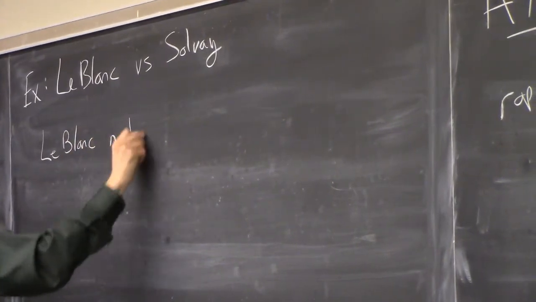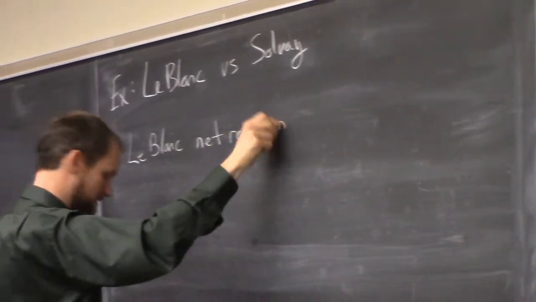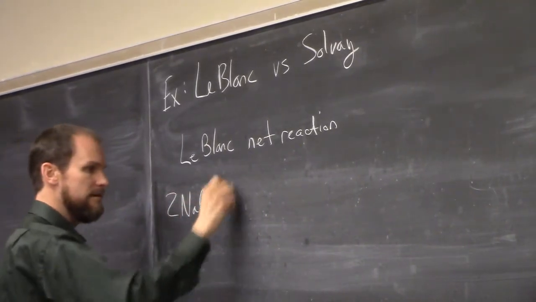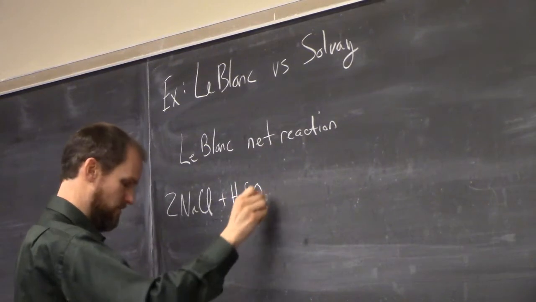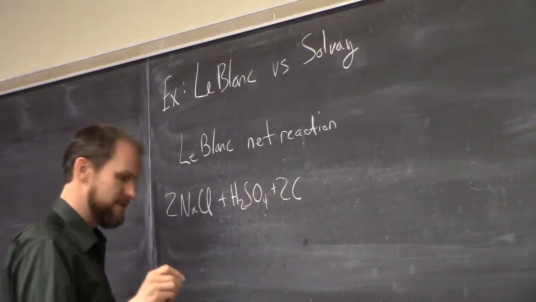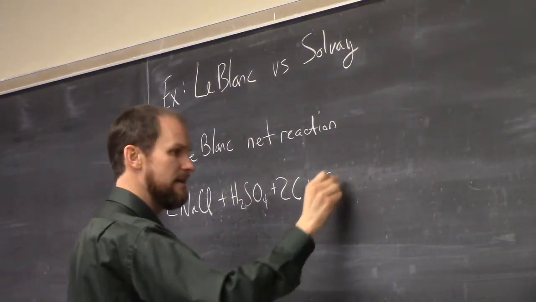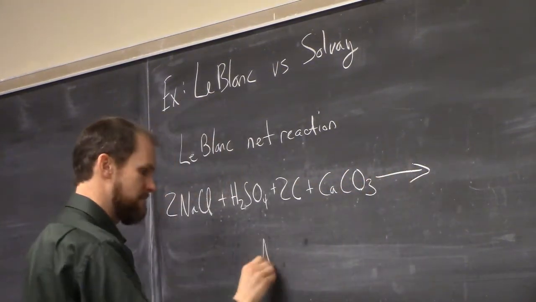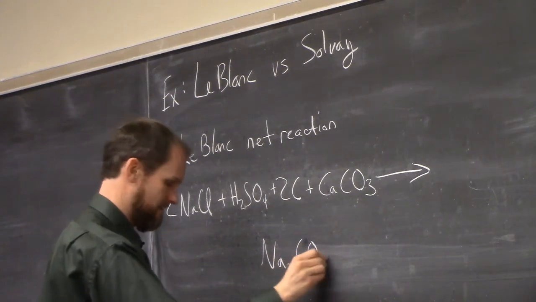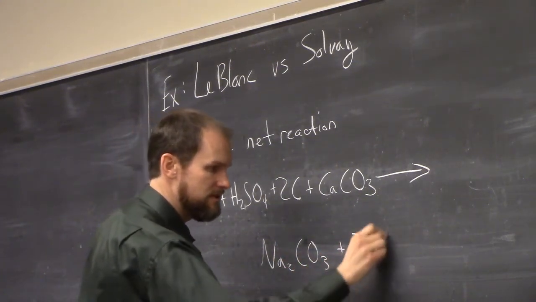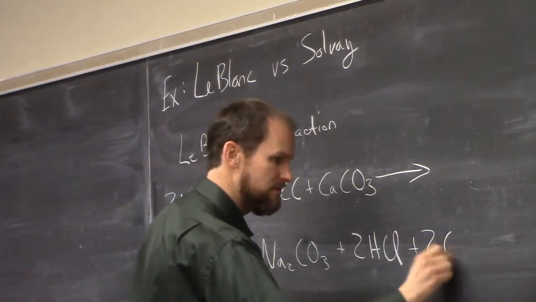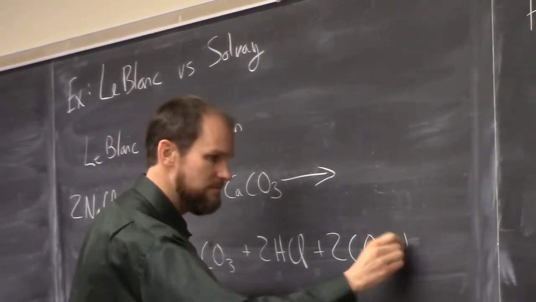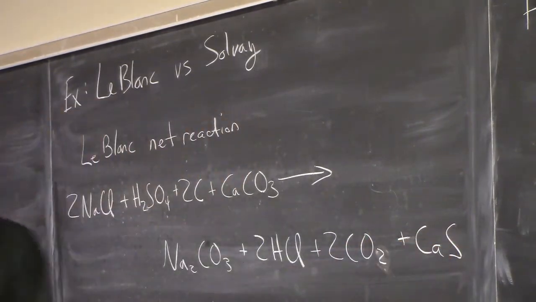So the LeBlanc net reaction is this: 2 sodium chloride plus H2SO4 plus 2C coal plus CaCO3 reacts and becomes sodium carbonate plus 2HCl plus 2CO2 plus CaS.